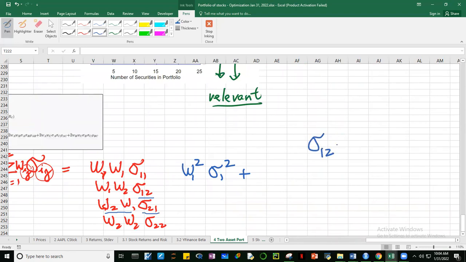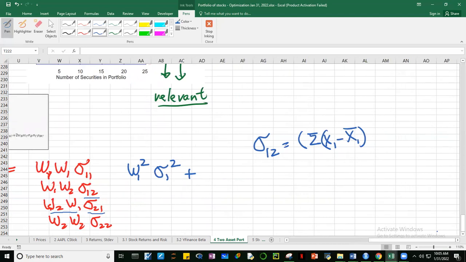Covariance of 1 with 2 is equal to the sum of x1 minus the mean of x1, times x2 minus mean of x2, average ni x2, over n minus 1.